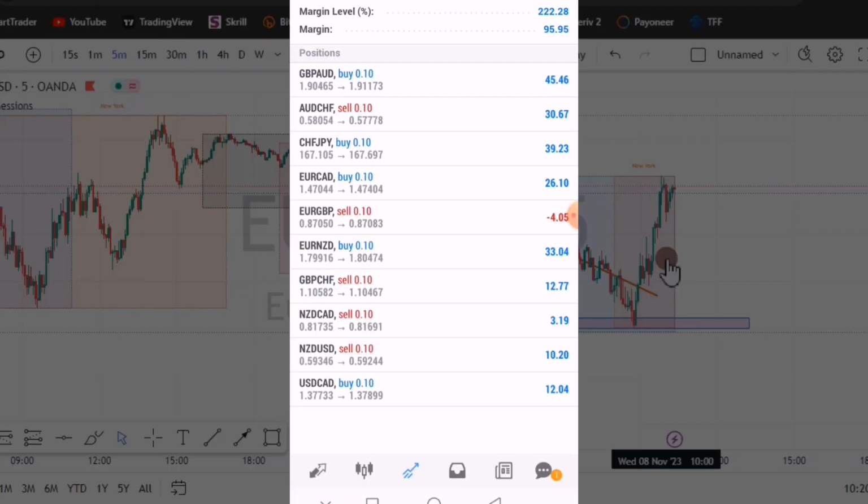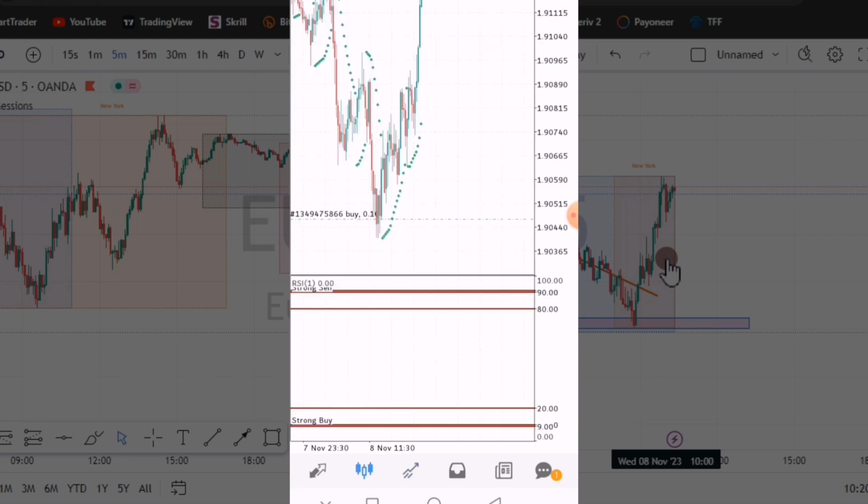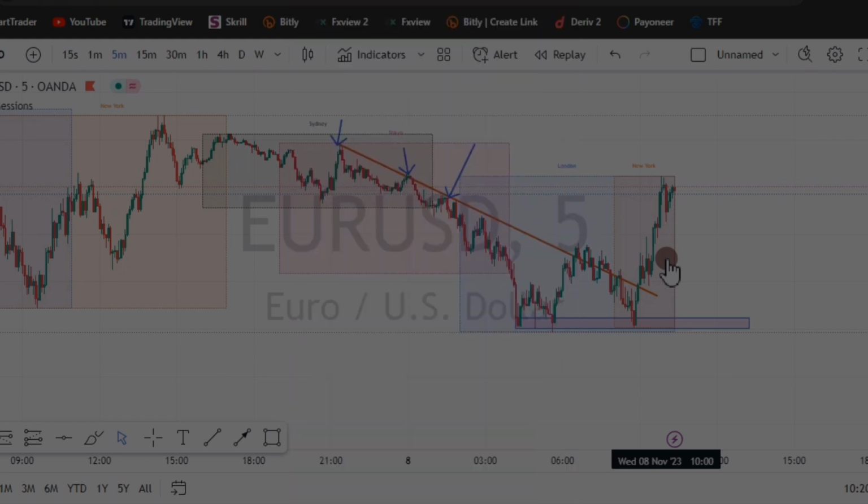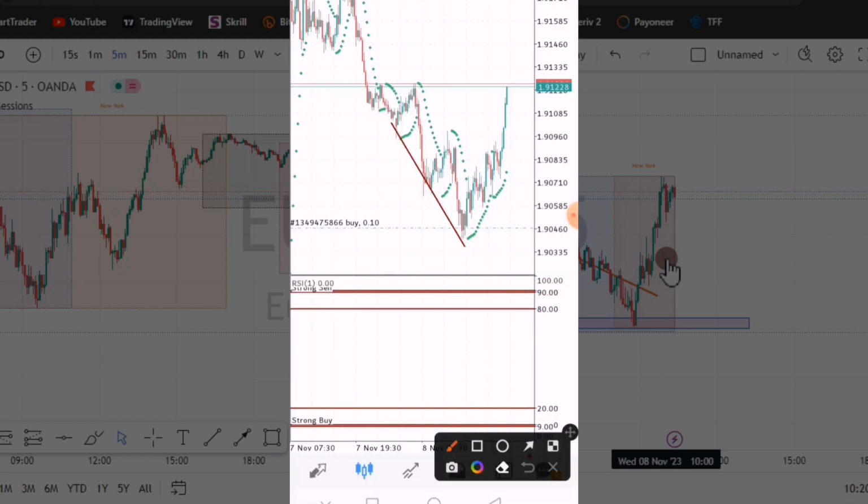In fact, if I can show you the trades that I took, it's just this same thing that I am showing you. Let's just open the first one. If you take a close look here, see that there was that touch, and then right here, it makes it a valid trend line.